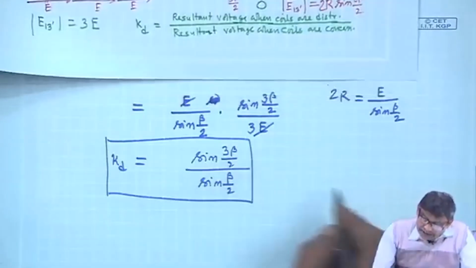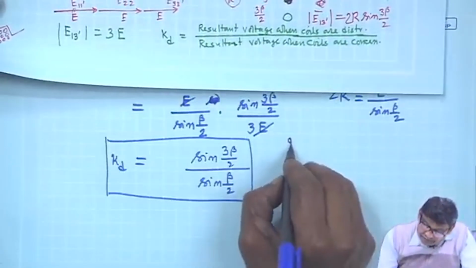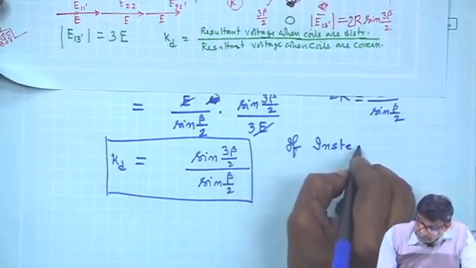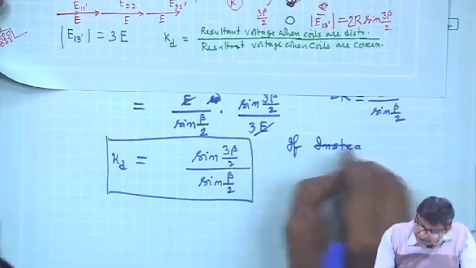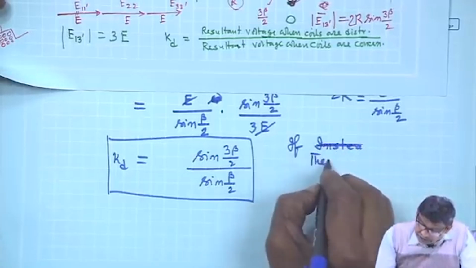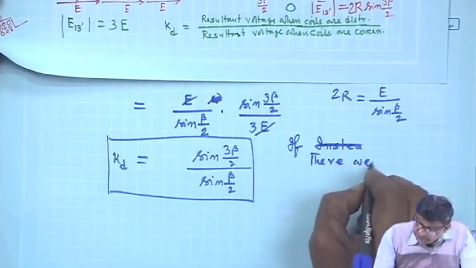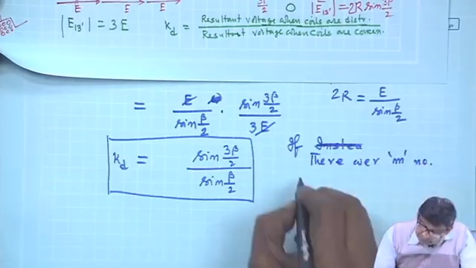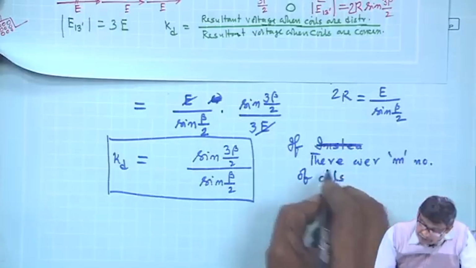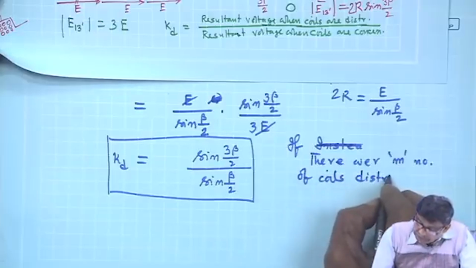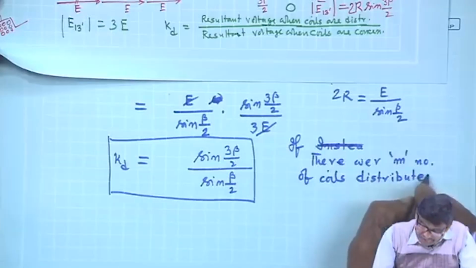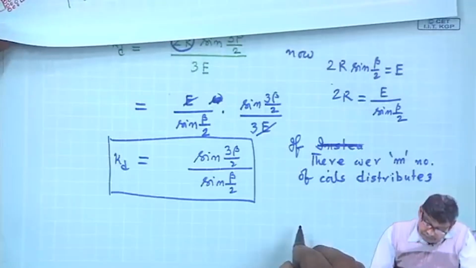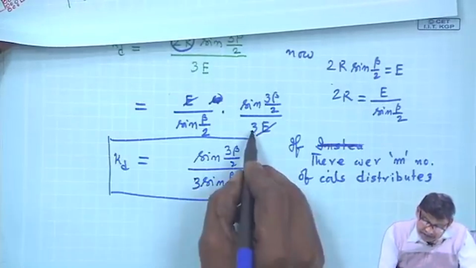Only thing is, it can be generalized. If there were m coils instead of 3, if there were m number of coils distributed, there was a 3 here, this 3 was there.